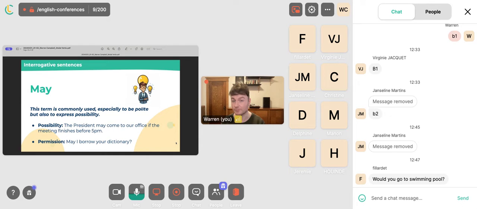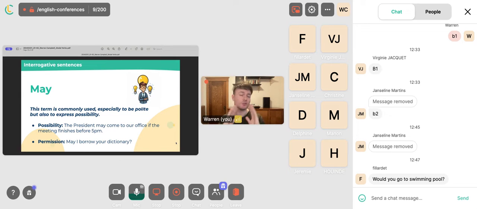Whereas with permission, may I borrow your dictionary? Now, you could quite easily say here, can I borrow your dictionary? You could also say, could I borrow your dictionary? Could and may, for some reason in English, we see these as more polite than can.